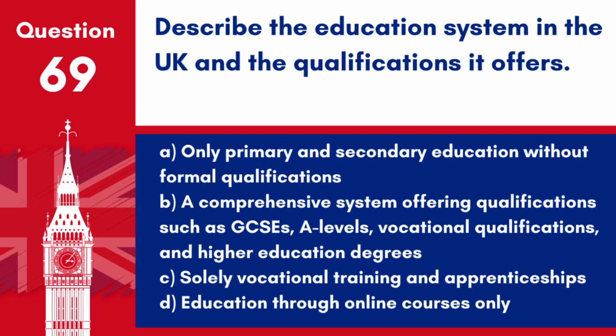Question 69. Describe the education system in the UK and the qualifications it offers. A. Only primary and secondary education without formal qualifications. B. A comprehensive system offering qualifications such as GCSEs, A-levels, vocational qualifications and higher education degrees.